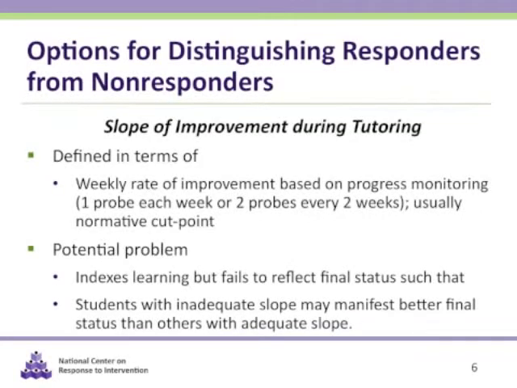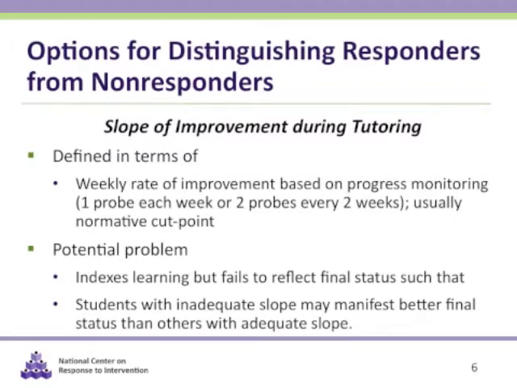Now, some people just use slope of improvement during tutoring. And often this is defined in terms of the weekly rate of improvement based on a progress monitoring measure, so that we're using one progress monitoring probe per week or two probes every 2 weeks.